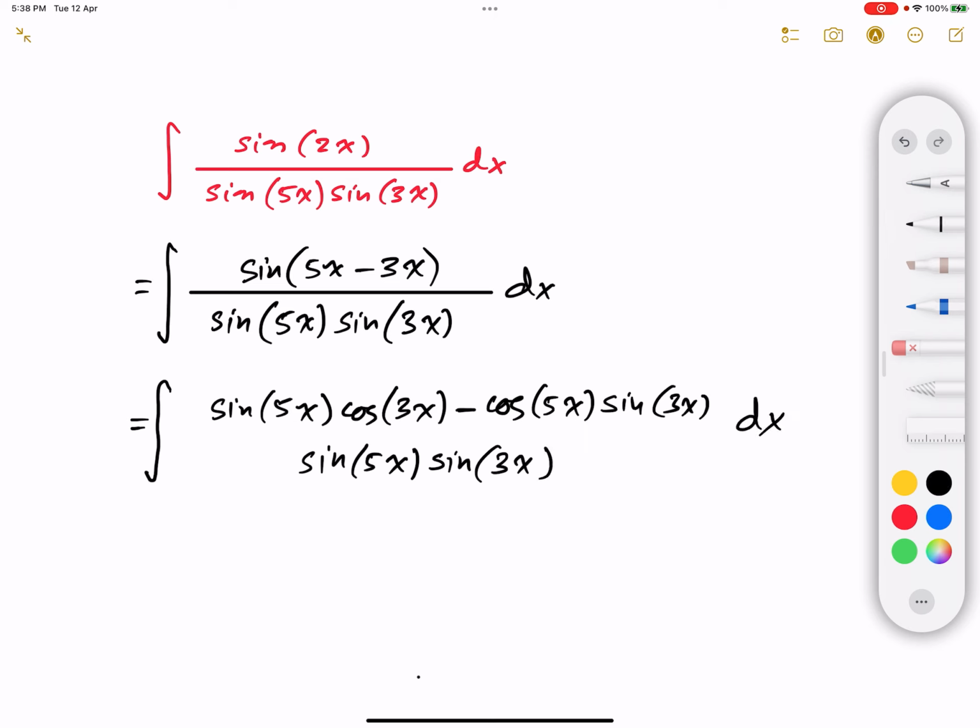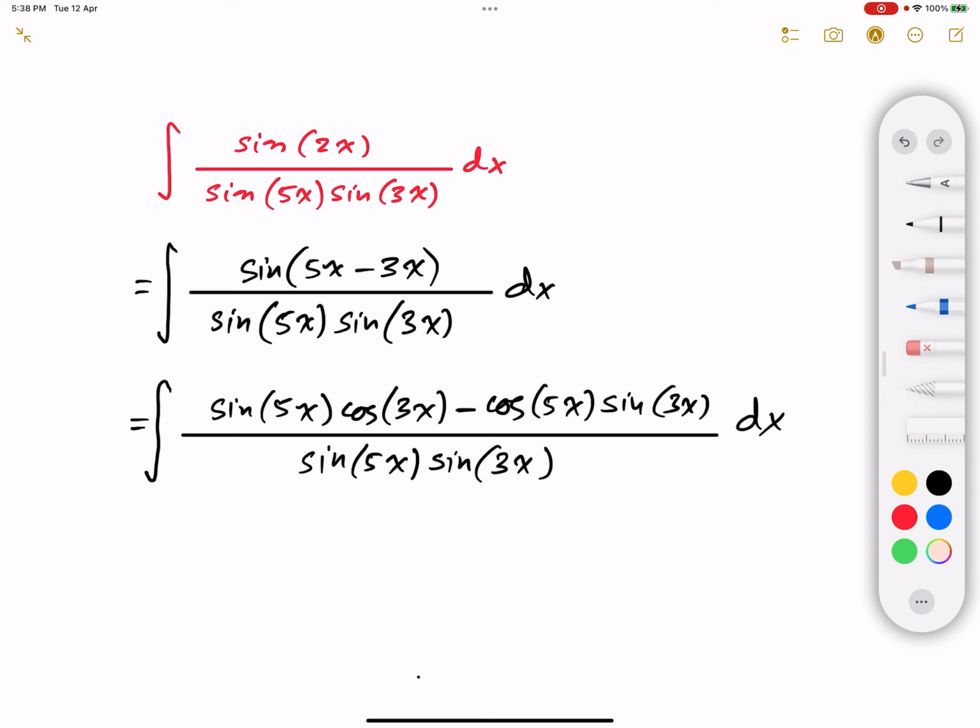And now we can split the numerator over the denominator.